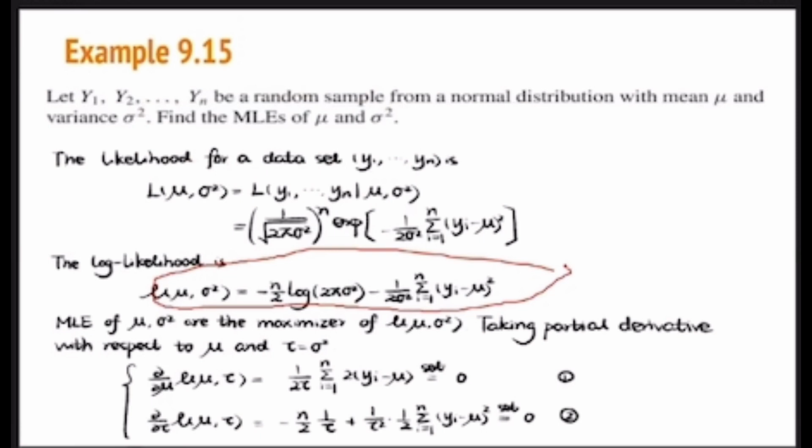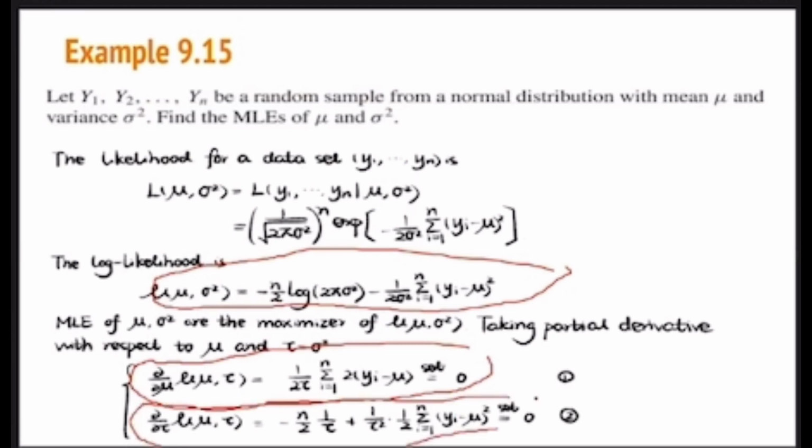But because there are two unknown parameters, mu and sigma squared, I'll first differentiate with respect to mu, set to 0 and solve for mu. Then I will also differentiate the function with respect to the variance, set to 0, and solve for that. That's what you see me doing here.